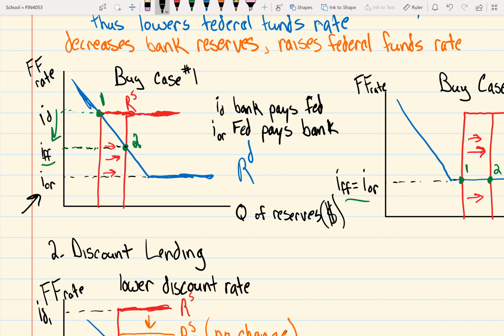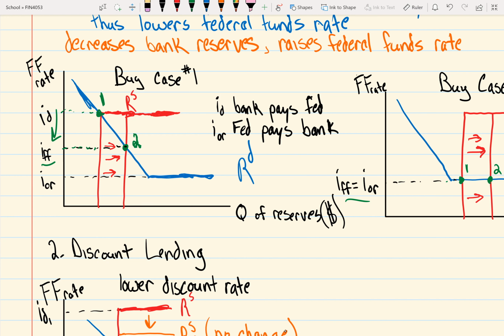That's what the OR stands for. That is what the Fed would pay the banks to keep money on reserve, in the same manner that if you deposit money in Fifth Third or whatever bank, they will pay you a small interest rate on that. So that's why it's limited by those two.